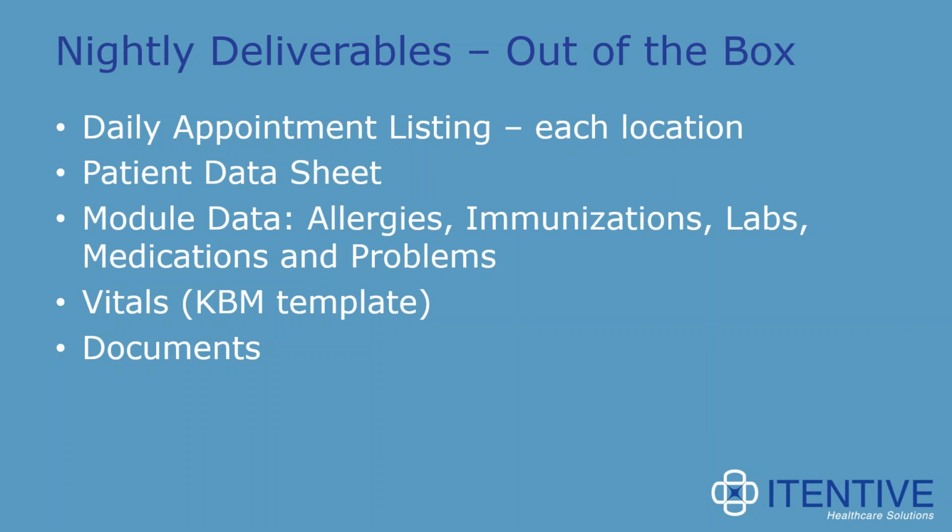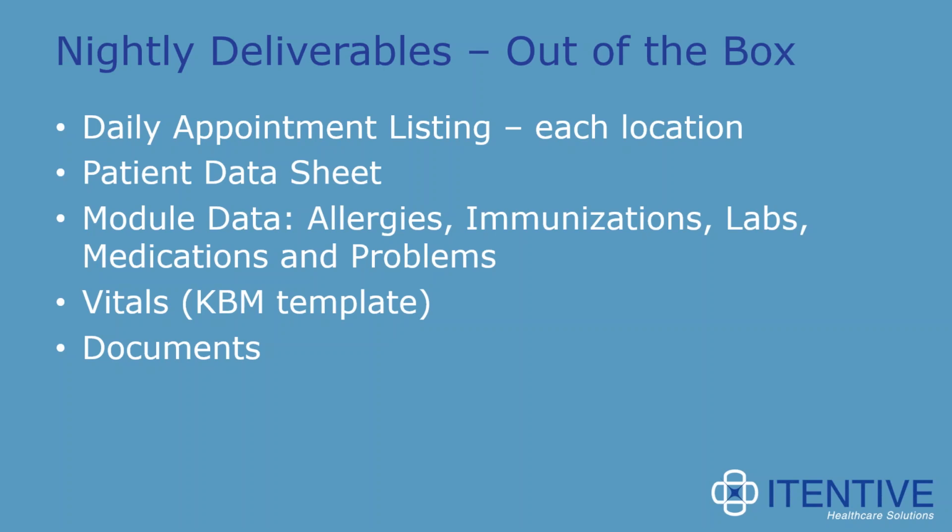That way, instead of printing the whole day's worth of charts, if the network comes back up halfway during the day, you don't have extra PHI you didn't need sitting out there. So this way you can look at the appointment schedule and say, let's print these ones out, and have someone keeping up with people as they check in. So you're going to get a PDF file for each site. That's the appointment listing, and we'll take a look at that sample in a little bit.